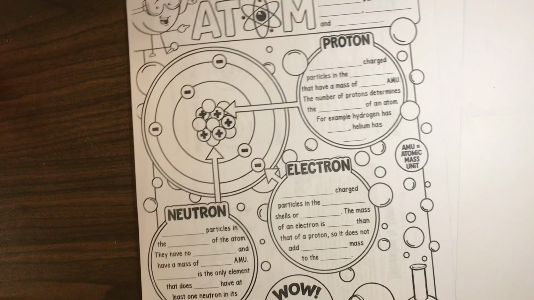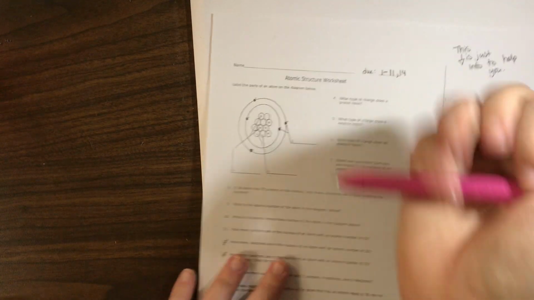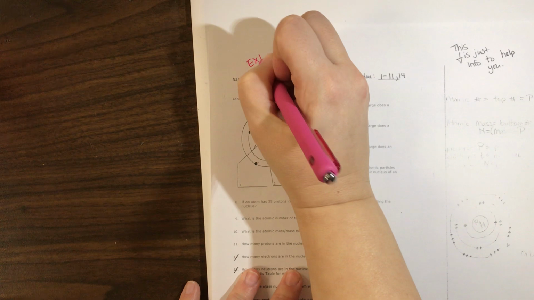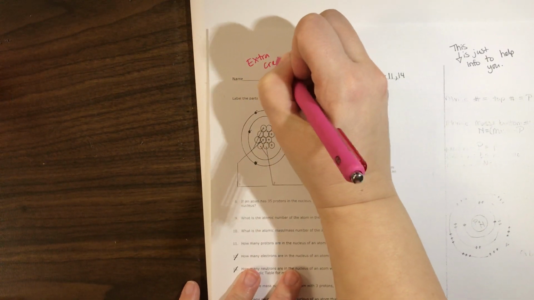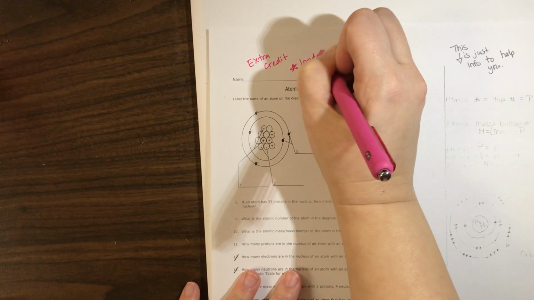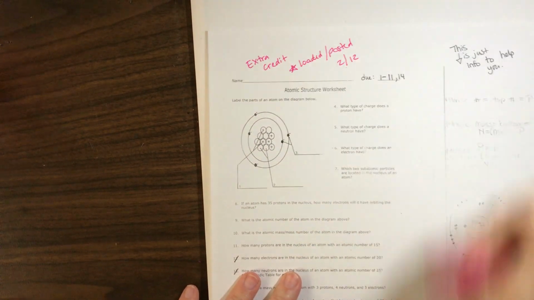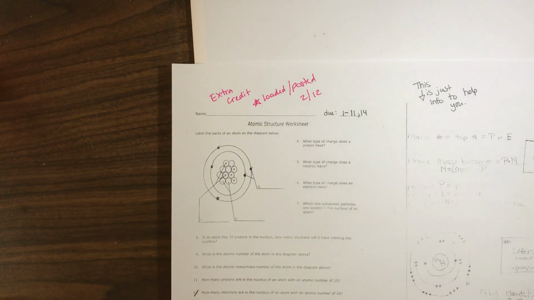You're just copying in the missing information and adding some color. And that should be it, because this backside, if you have it, is extra credit. But it has to be loaded or posted by the 12th. So hopefully that'll help you out.